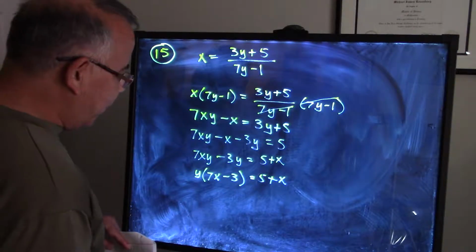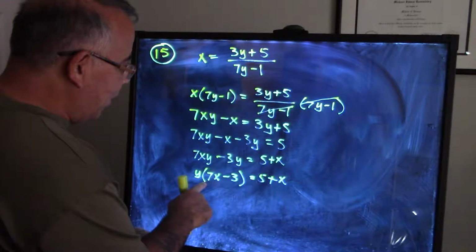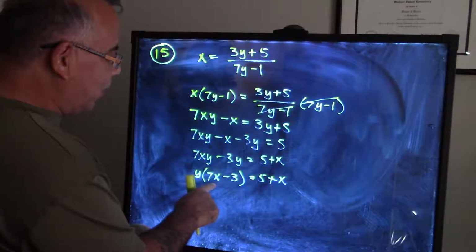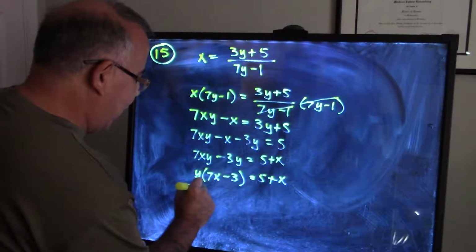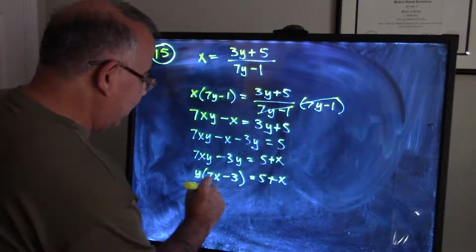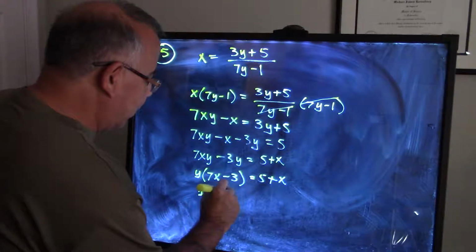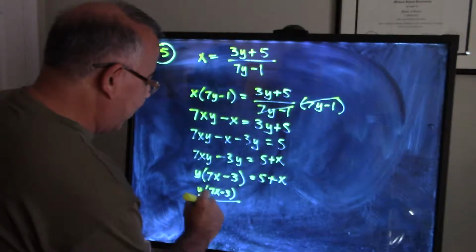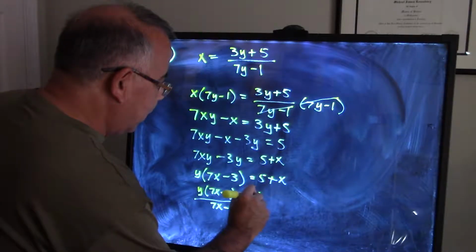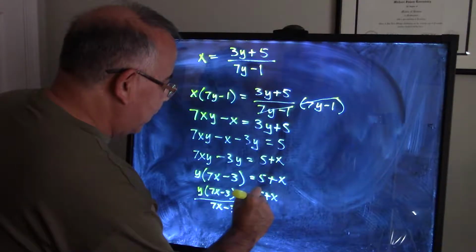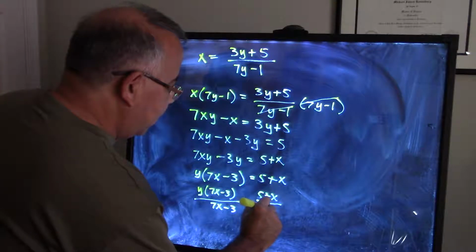Okay, so now I want to get the y by itself, so I divide both sides by 7x minus 3. So y times (7x minus 3) divided by 7x minus 3 equals 5 plus x over 7x minus 3.